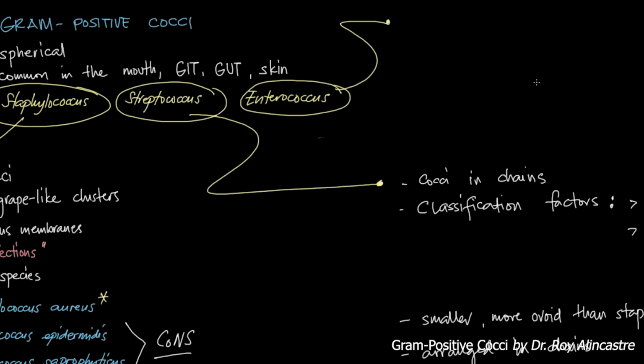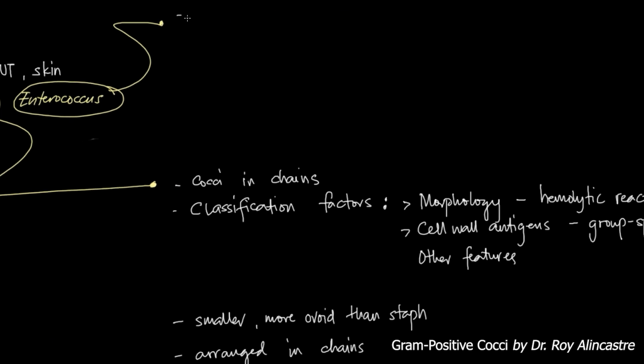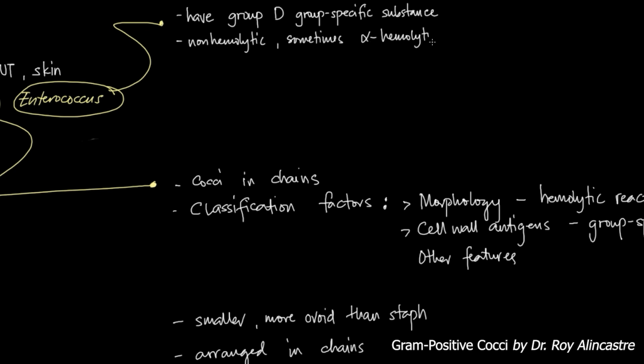And lastly, the Enterococci. Actually, these bacteria have the group D group-specific substance. No? That's why they were previously classified as group D streptococci. They are usually non-hemolytic and sometimes alpha hemolytic. They are PYR positive.